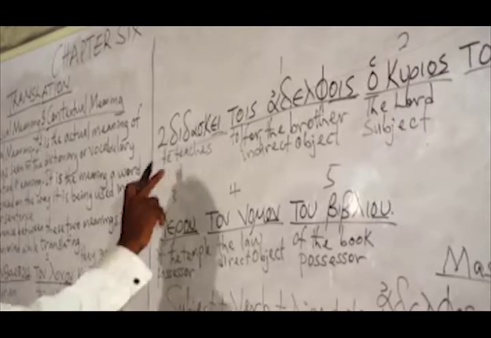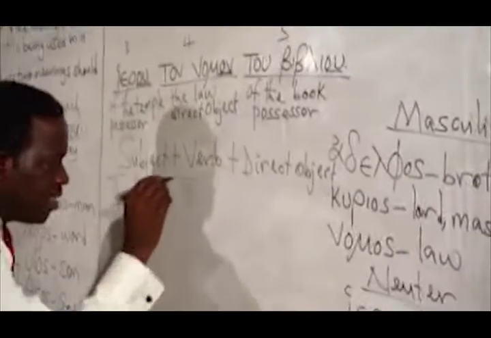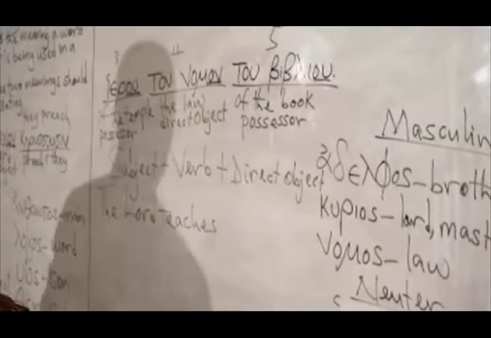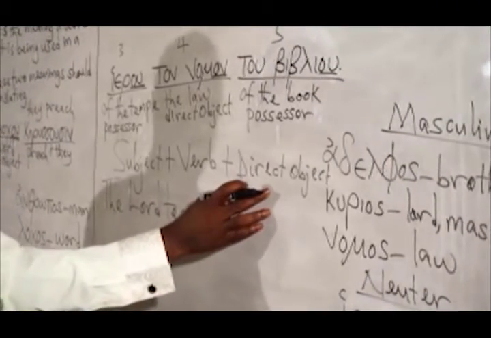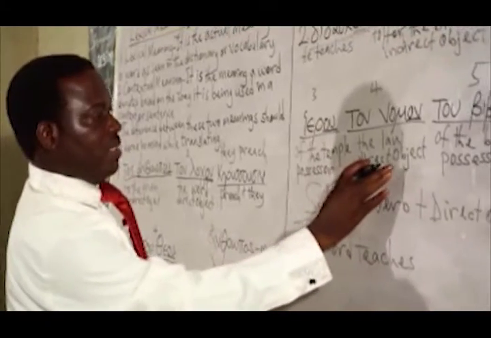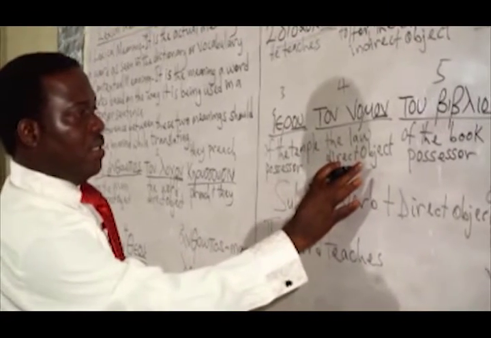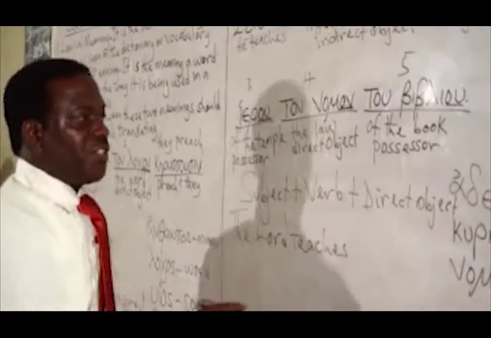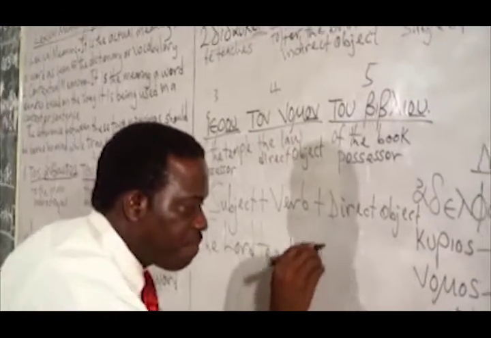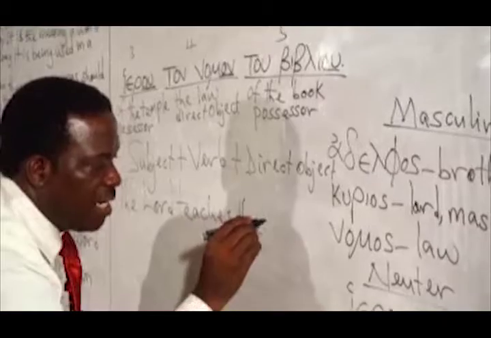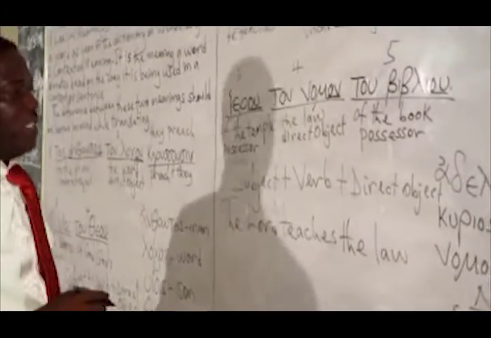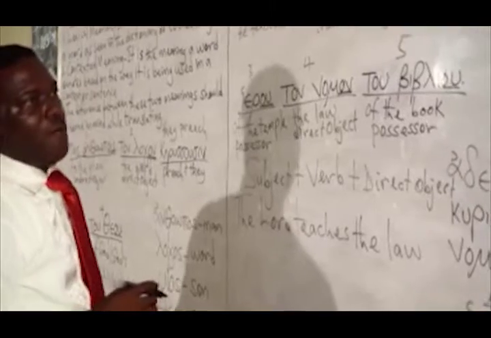That means the Lord replaces he here. The Lord teaches. Then the direct object, and the direct object we have here is ton nomon. The Lord teaches the law.